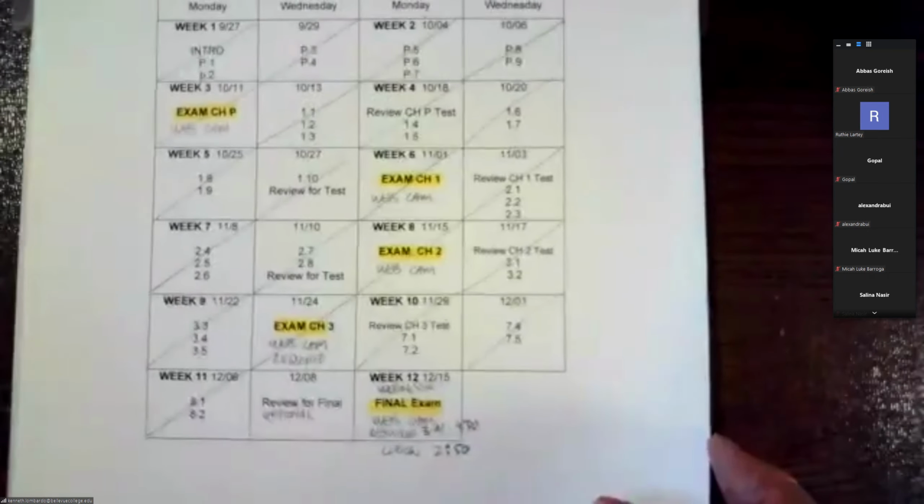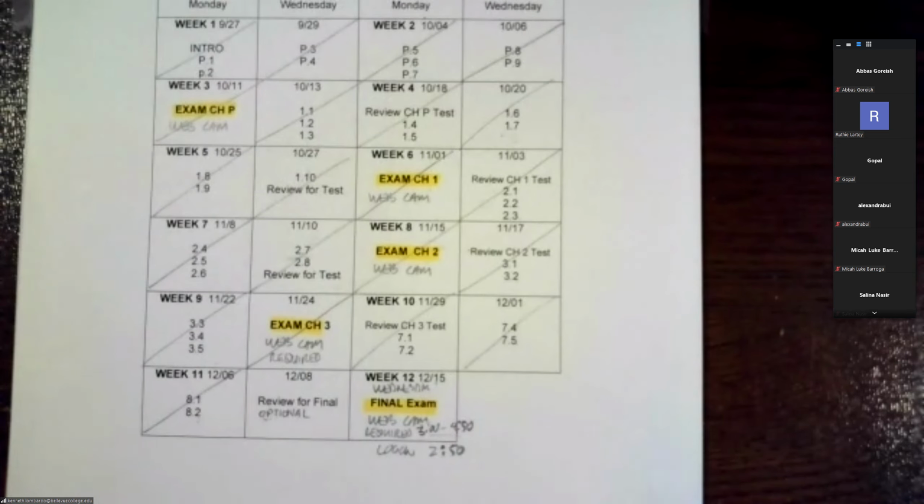I don't need to talk all the time, but for P.4, number 61, P461. Let's see what P461 looks like. What do we have to do?